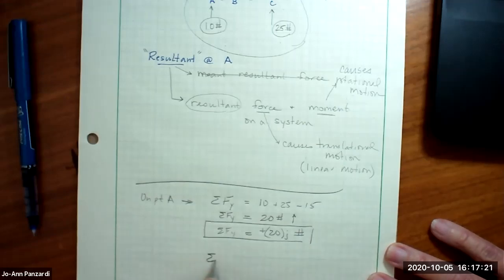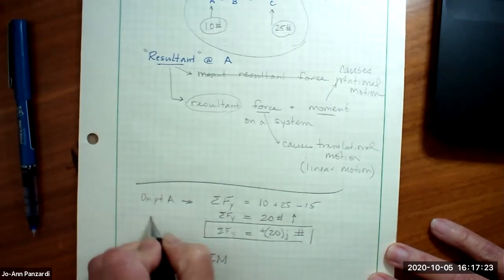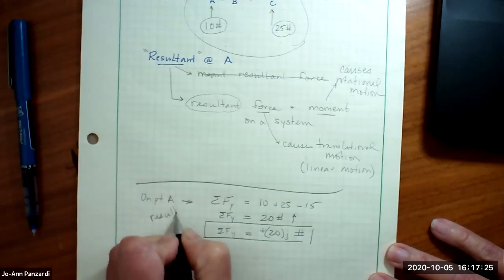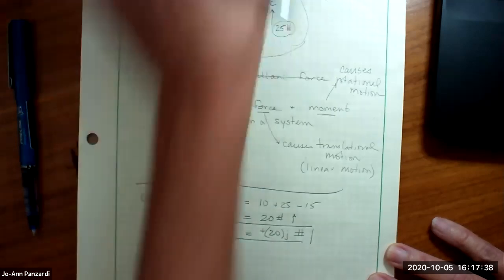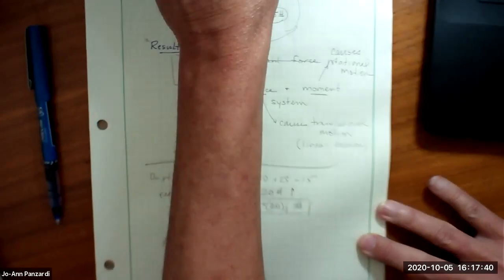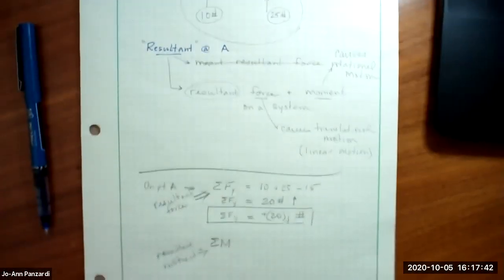How about the resultant moment? So I'll write resultant force is this. And now the resultant moment. So we did the resultant force, and now we're doing the resultant moment.